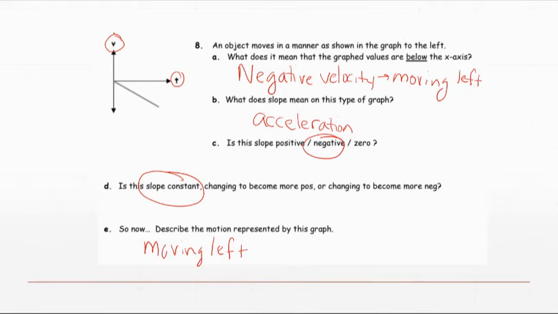And it's actually speeding up. The way I look at that is because I'm starting at 0, then I'm going to -1, -2, -3. So the magnitude of my velocity is increasing. So in this case, I'm speeding up.